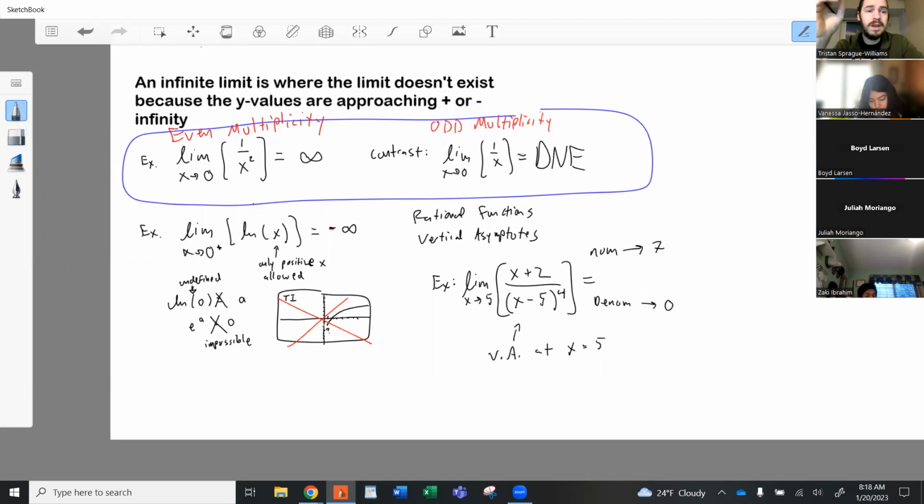And it depends on the other parts of the function. So in this example, my numerator is approaching 7, my denominator is approaching 0 with an even multiplicity, right? The power 4. So then this is going to be positive infinity, because we've got a positive number divided by positive numbers that are close to 0.